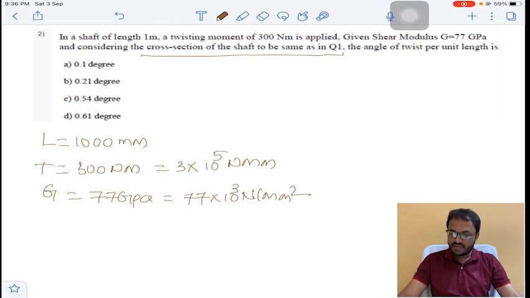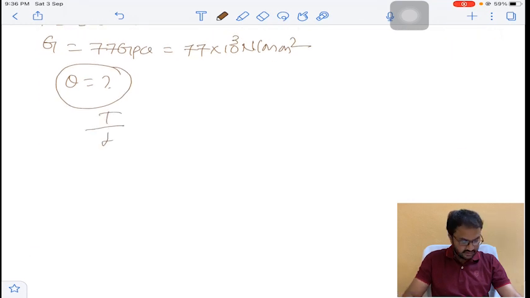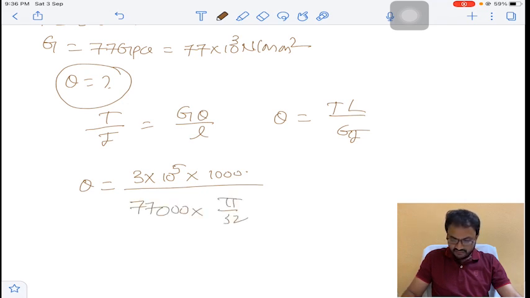Now twist per unit length, that is theta, we need to calculate, and we know the formula, T by J is equal to G theta by L. From this expression you will get theta is equal to TL by GJ. So theta is equal to T is 3 into 10 power 5, L is equal to 1000 mm, and G is equal to 77,000, J is equal to pi by 32, 50 power 4 minus 40 power 4.